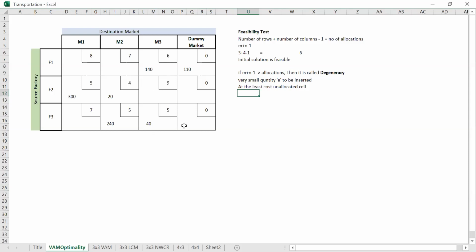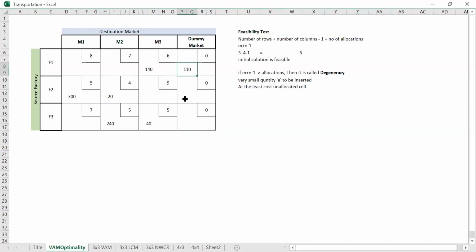So least cost is 0. So you have to insert E in either of these two cells, either here or here, not in both. Only one place you have to insert. But in this problem, we don't have that situation because we have 6 allocations.